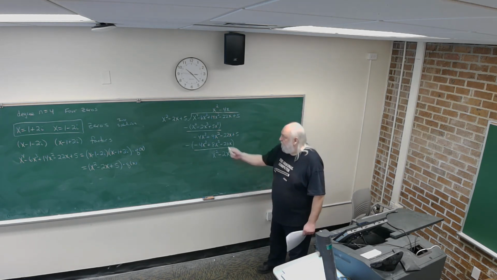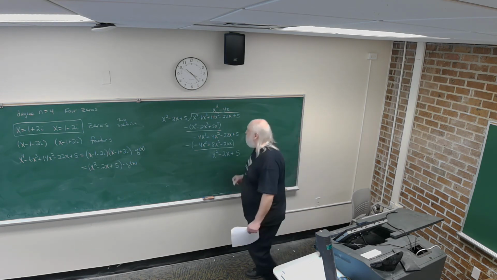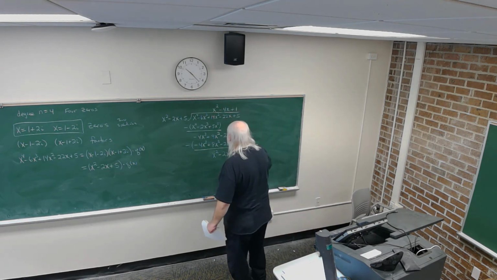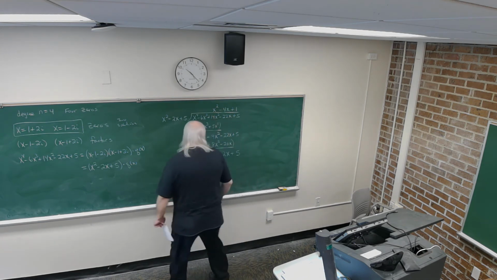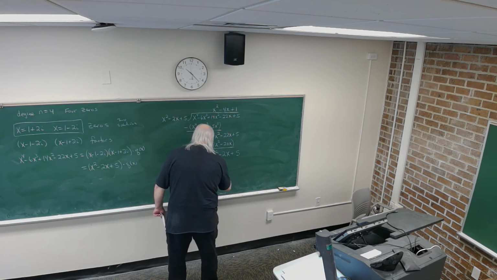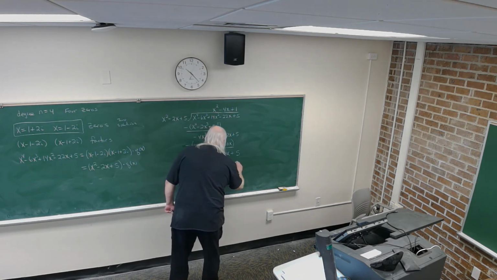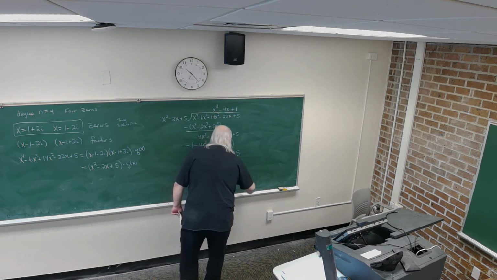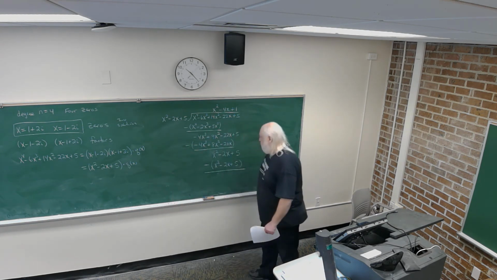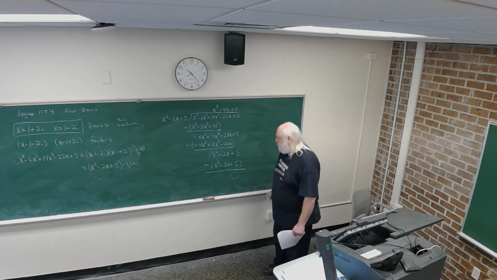And you ask yourself, how many times is x squared going into x squared? X squared divided by x squared is plus 1. So plus 1 goes up here. Plus 1 times the divisor is x squared minus 2x plus 5. And when you subtract that from itself, you get 0 for the remainder.